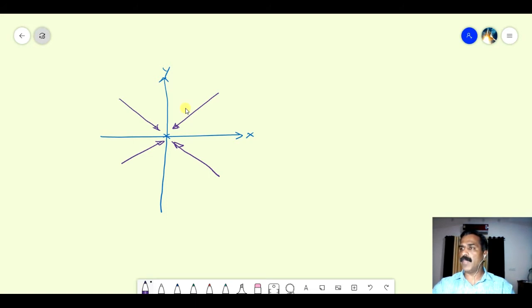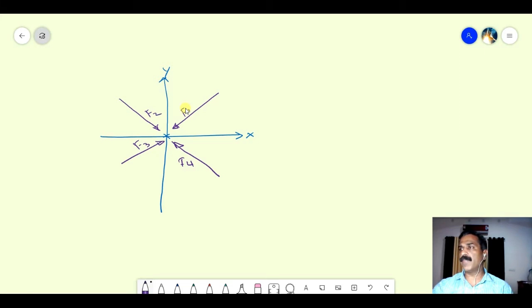Let these be F1, F2, F3, and F4. So if these are the forces acting simultaneously on this point, the origin, the forces are acting towards the origin in each quadrant: F1, F2, F3, and F4.